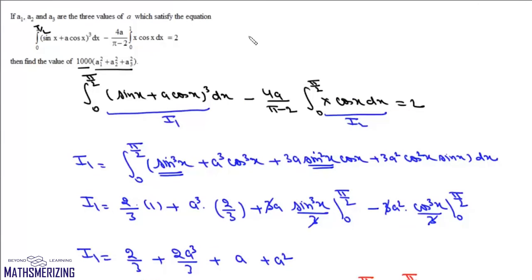Now this value will be 1000 into 21 by 4. Now this is 250. 250 into 21 will be 5250. So answer to this question is 5250.